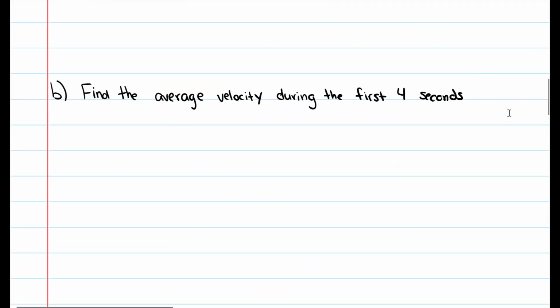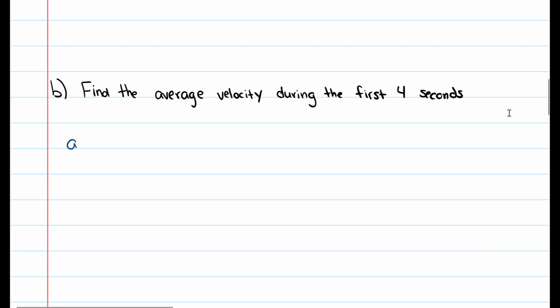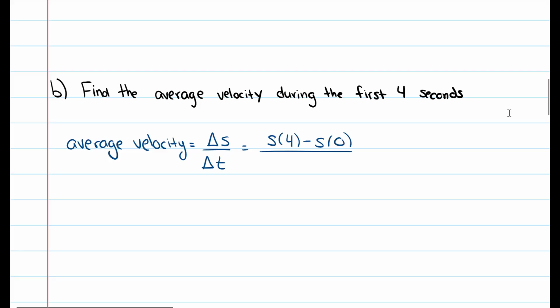For part B, we want to find the average velocity during the first 4 seconds. Average velocity is equal to delta s over delta t, and delta s is going to be s(4) minus s(0), because that's the change in position, divided by b minus a, or the time difference.